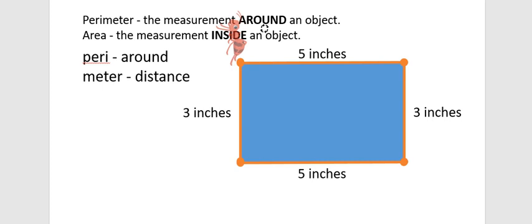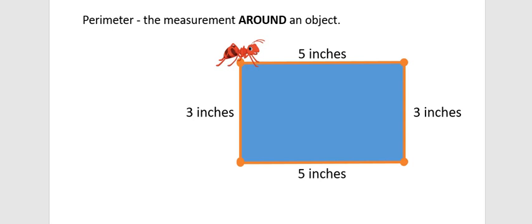Now this ant has traveled all the way around. 5 inches plus 3 inches, that would be 8, plus 5 inches, plus 3 inches, that's another 8. So 8 and 8 is 16.